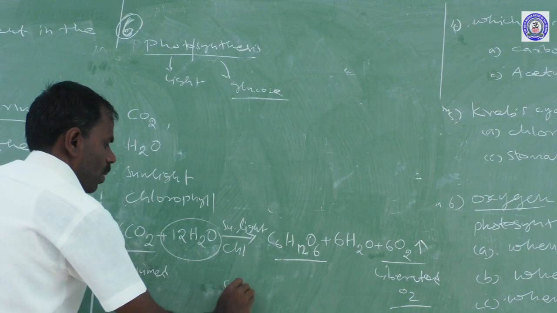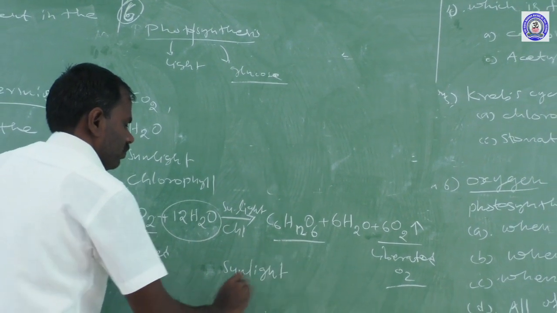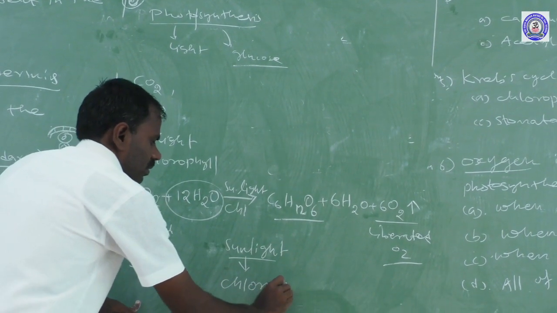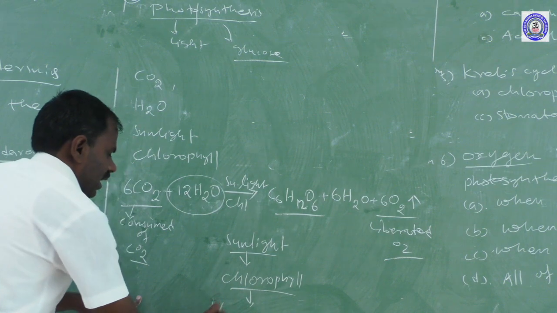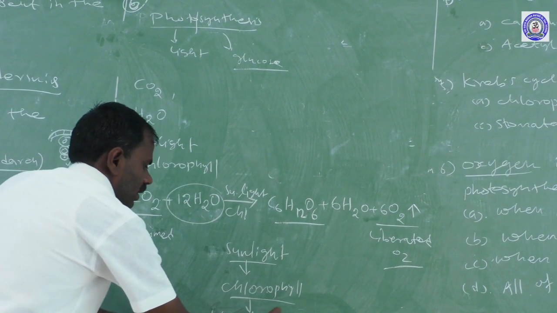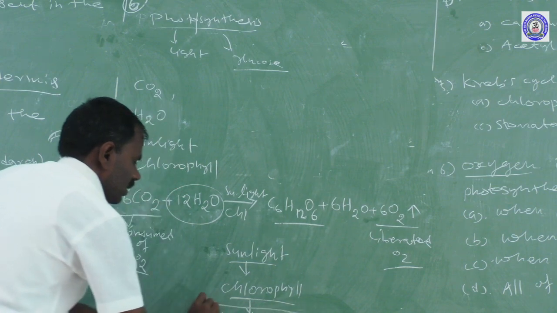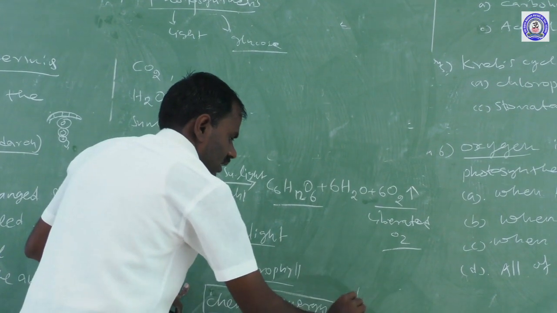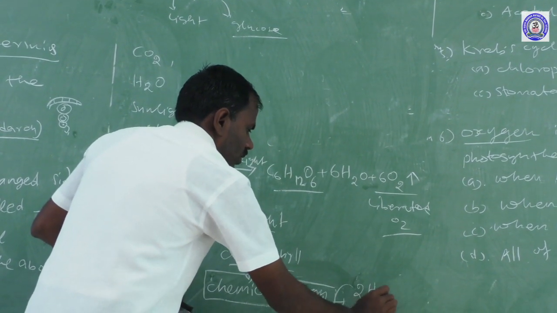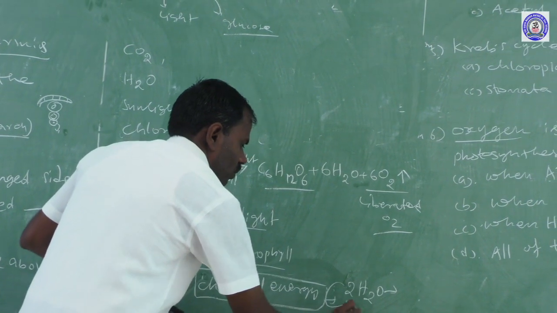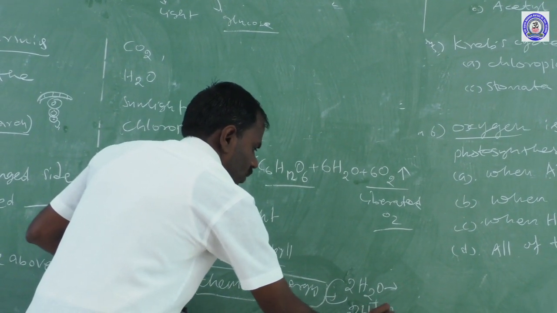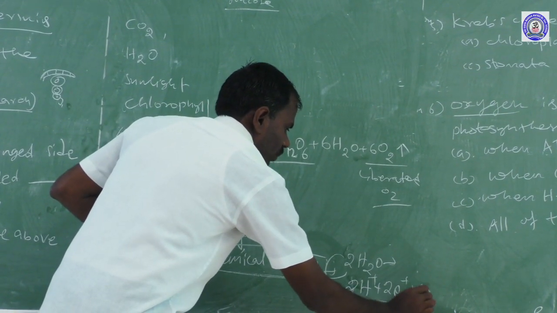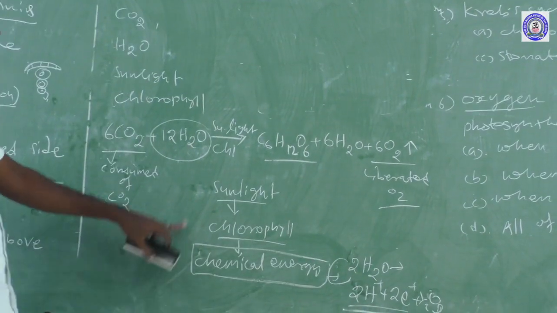Sunlight, with the help of chlorophyll, provides chemical energy to split water molecules. 2 molecules of H2O give 4 H plus, 4 electrons, and O2, which are released in the photolysis of water.